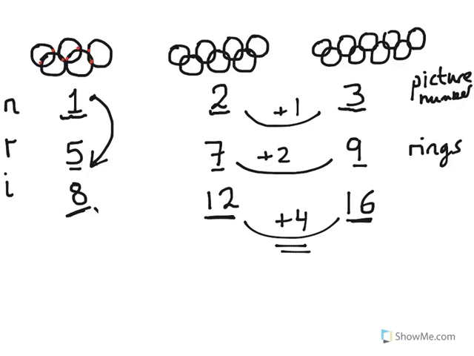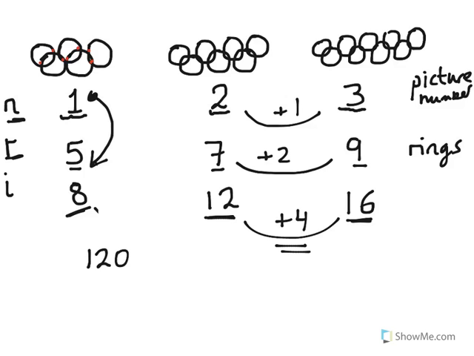So that if I was to ask you how many rings there would be in picture number 120, you don't have to add 2 to 5 120 times. You need to find the connection this way, from n, the number of picture, to r, the number of rings. So we want to see if we can try and get a correlation here.